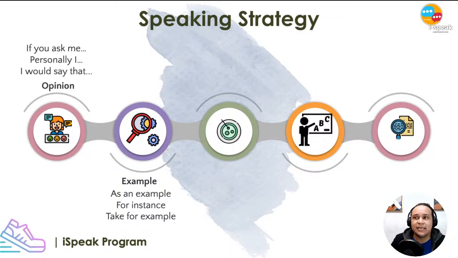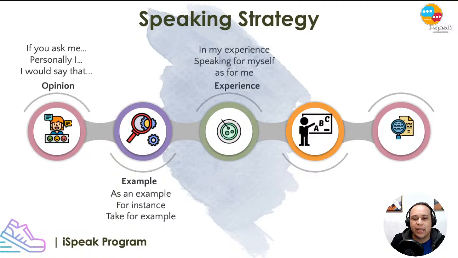These pre-sentences help you with the transition from one idea to the other, right? The examples. So we have already opinion, we have already example. And the next one is experience, right? Experience. Sometimes we might not have experience of the topic. However, we can use the second conditional, right? Imagination.